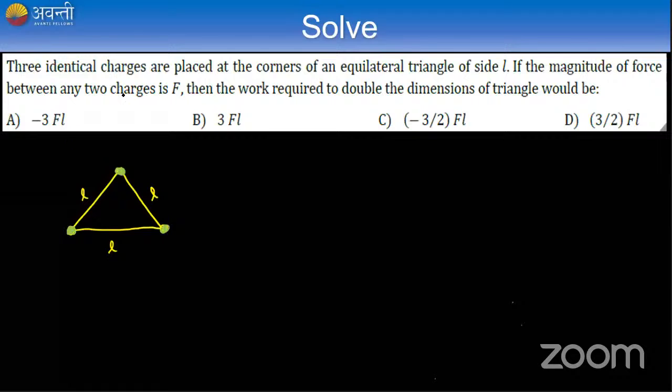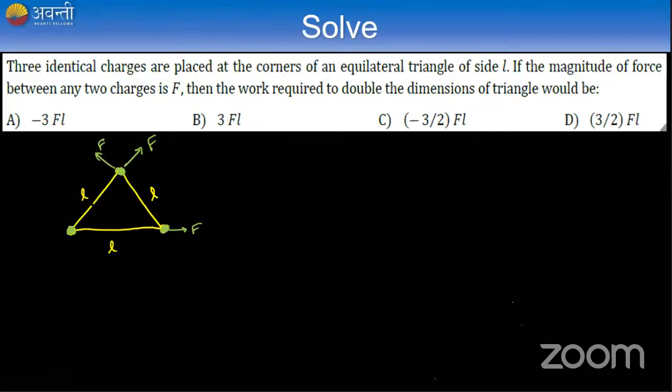The magnitude of force between each pair of charges is F. So if these two charges are interacting, it's F. If these two are interacting, it's F. And if these two are interacting, F again. Then the work required to double the dimension. So what are they asking?